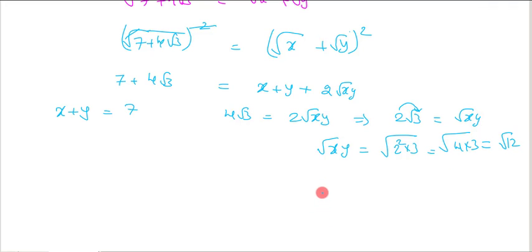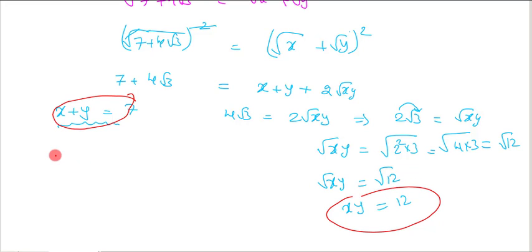That means x into y is 12. Now we need to write the two numbers whose sum is 7 and product is 12. That means we need to find the values of x and y such that x plus y is equal to 7 and x into y is equal to 12.